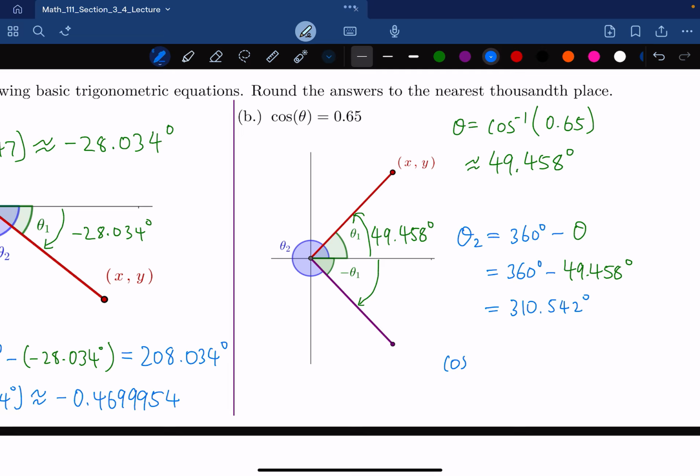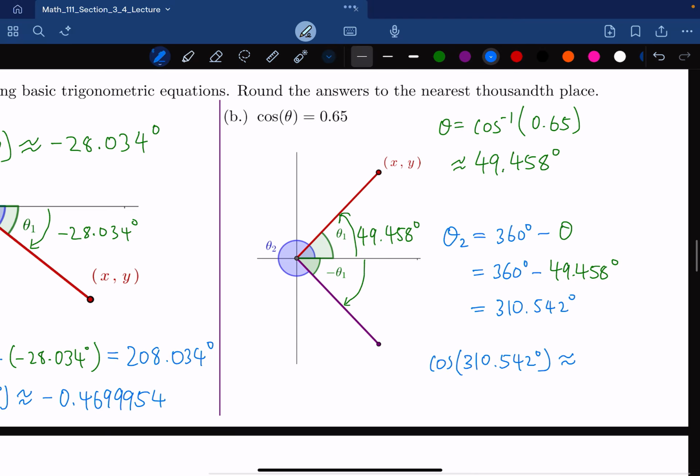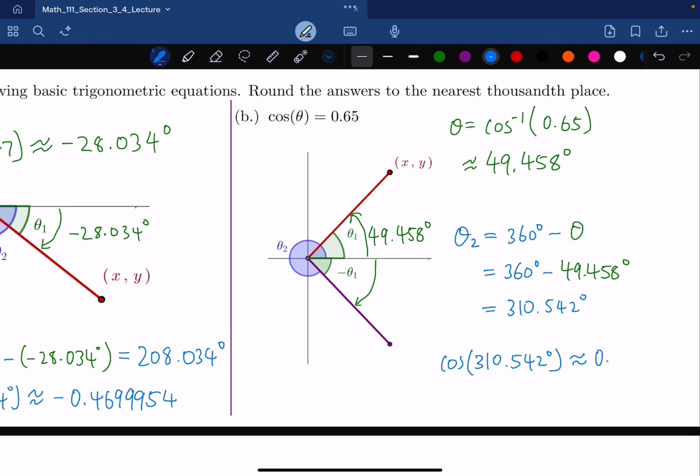So if I do cosine of 310.542 degrees, this is approximately equal to, just because I have rounding error, and I'll write quite a few more digits just to make my point here, 0.6500053.